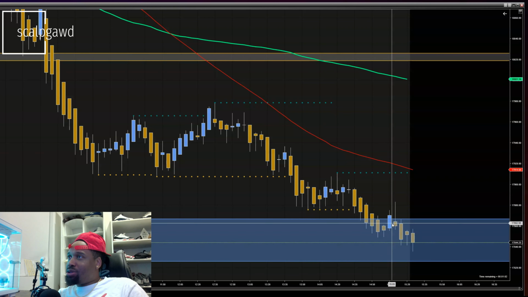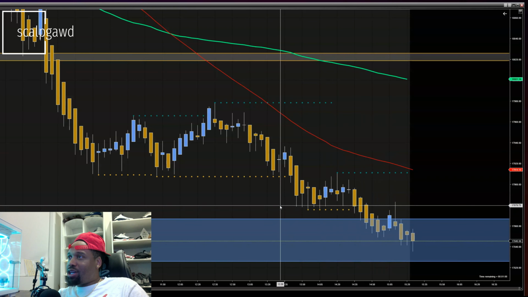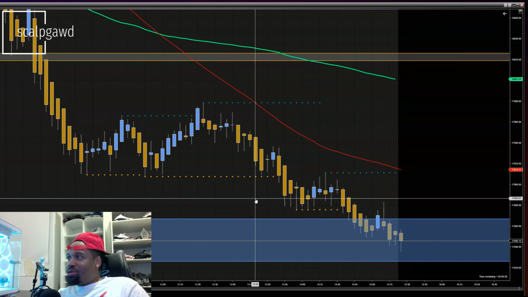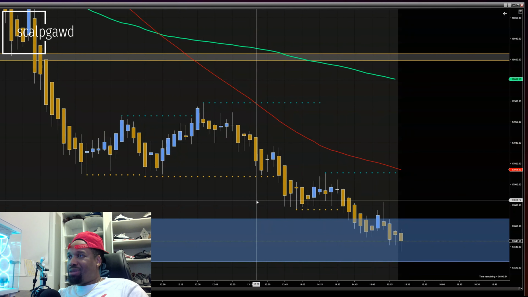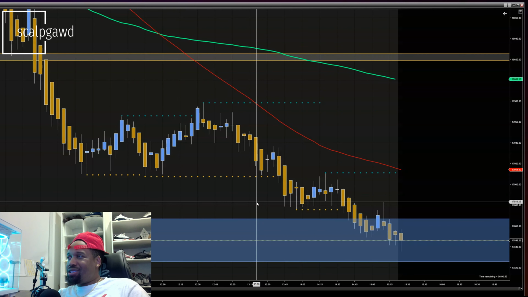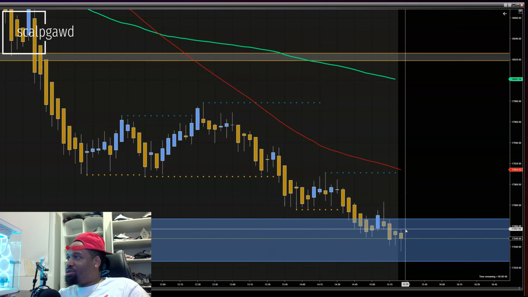So I may just put on my scalping hat for this and do that. I'm not going to call it out in the group. I'll put it in the chat because it is some scalp trades. It is a little bit more risk involved, but I do like what I'm seeing.